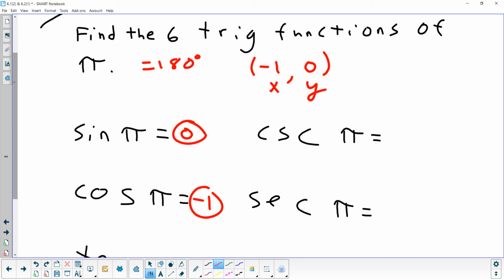So let's start with the sine. How could I make that a fraction? Because I want to flip it, but to flip it, I need it to be a fraction. So I could put 0 over -1. 0 over what? Oh, 0 over 1.